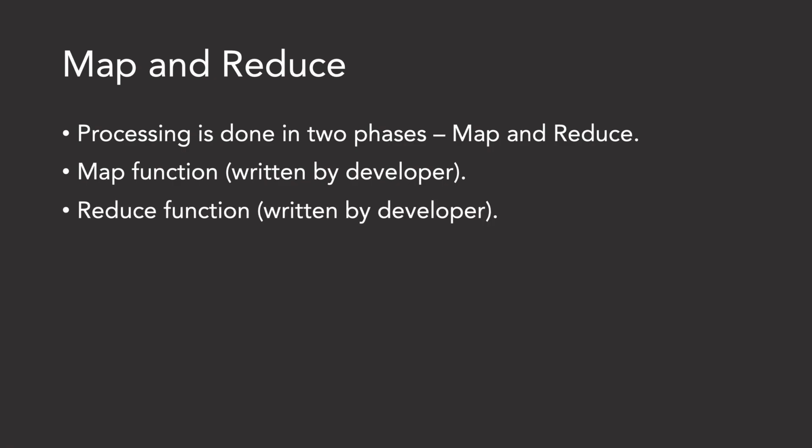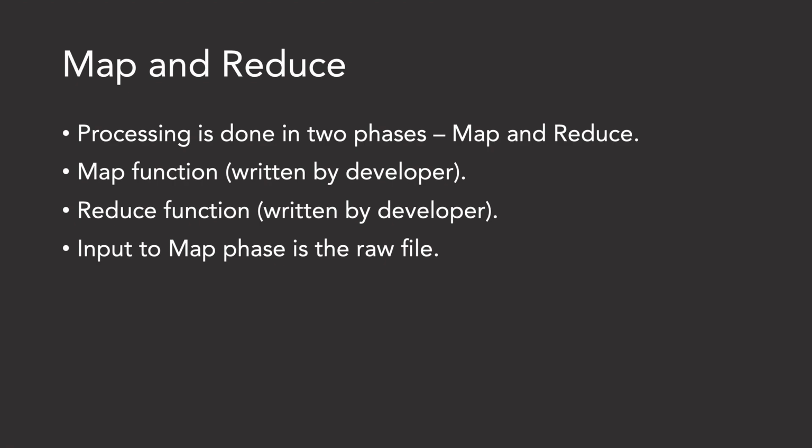Similarly, we write the reduce function also, that would be dependent on the business requirement or application requirement. The input to the map phase is the raw file, which is basically the distributed file. I talked about a 1 terabyte data set, which is broken down into multiple pieces and stored in different storage nodes.